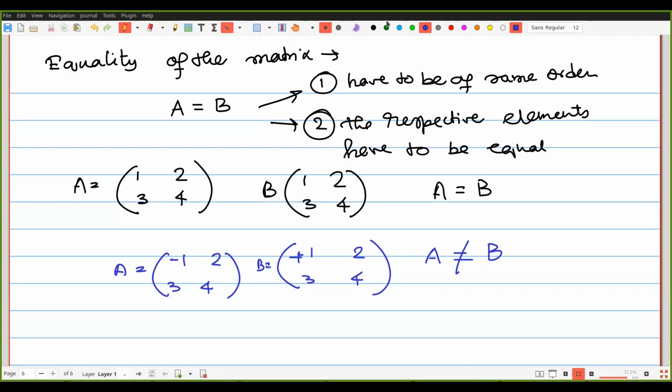Moreover, suppose another matrix is there, that is C, which is 1 2 3 4. So we may once again say A is equal to B is equal to C also. That is the equality of the matrix.